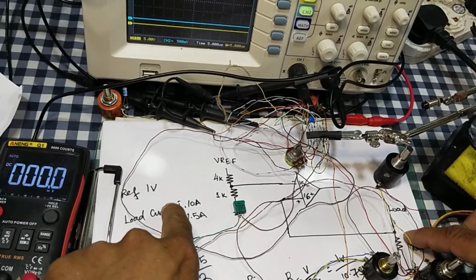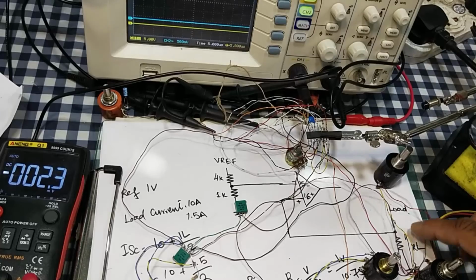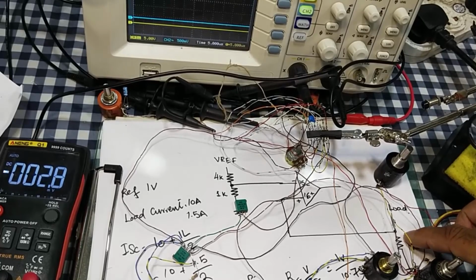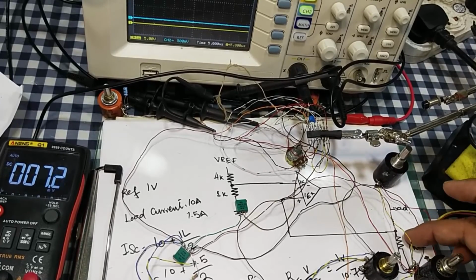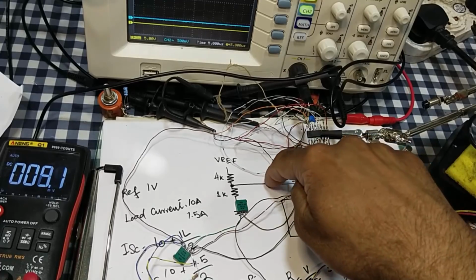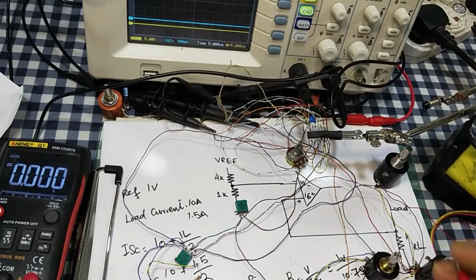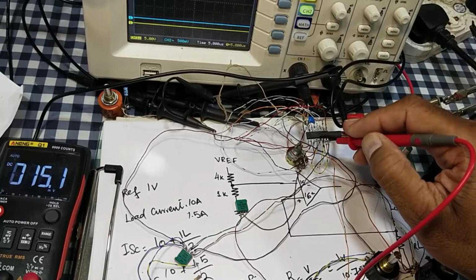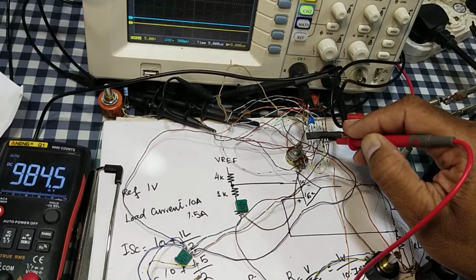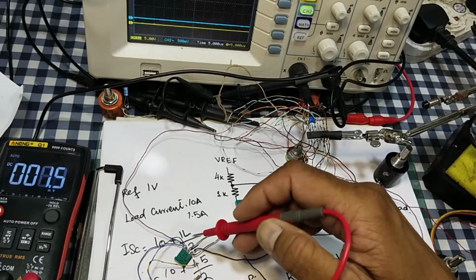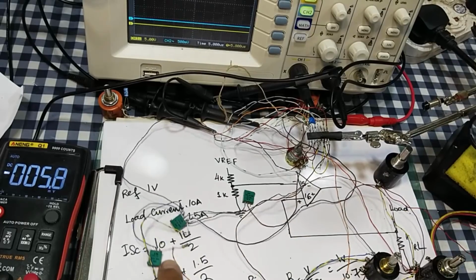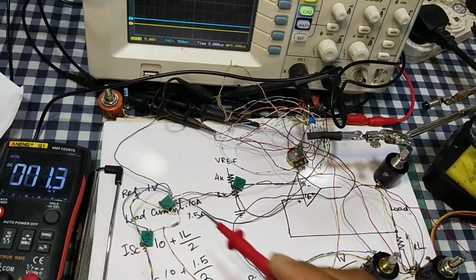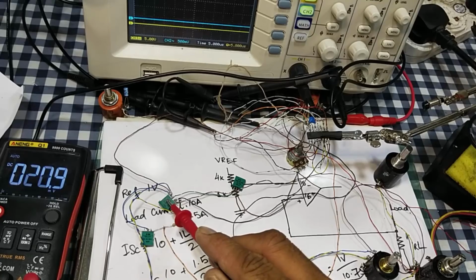So according to our calculation, if we connect a 0.1 ohm resistor for 15 volts and we program pin number 15 to take 1 volt, 984 millivolt, this is due to the tolerance of the resistors. So this resistor is for voltage feedback.